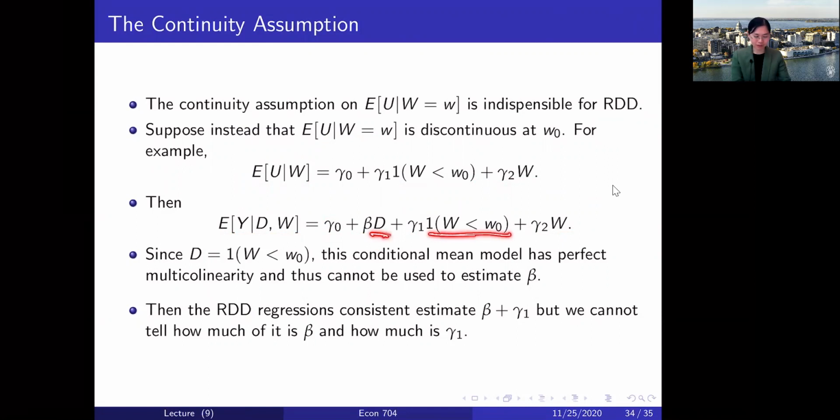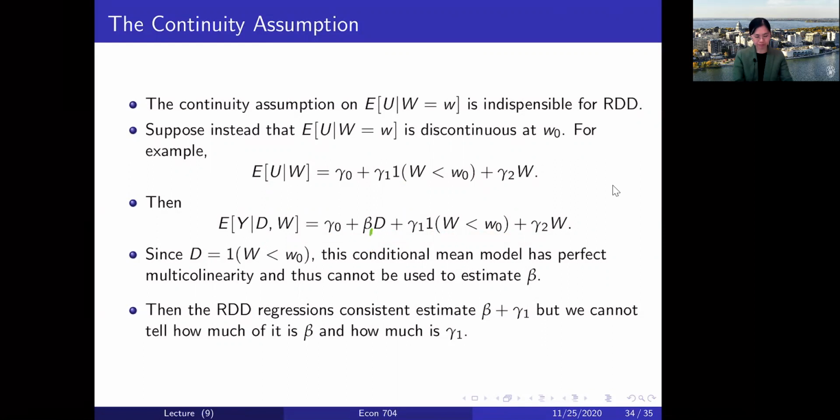When D equals this indicator, clearly this model has a perfect multicollinearity problem. You are not able to estimate beta 1 separately from gamma 1. So that gives you a problem.